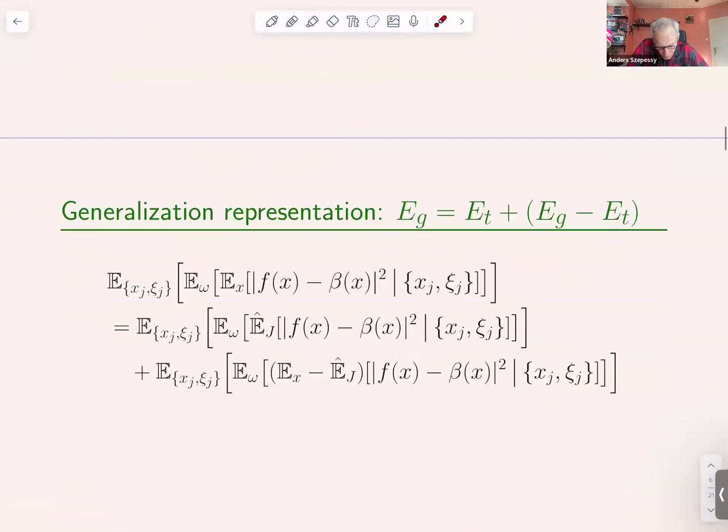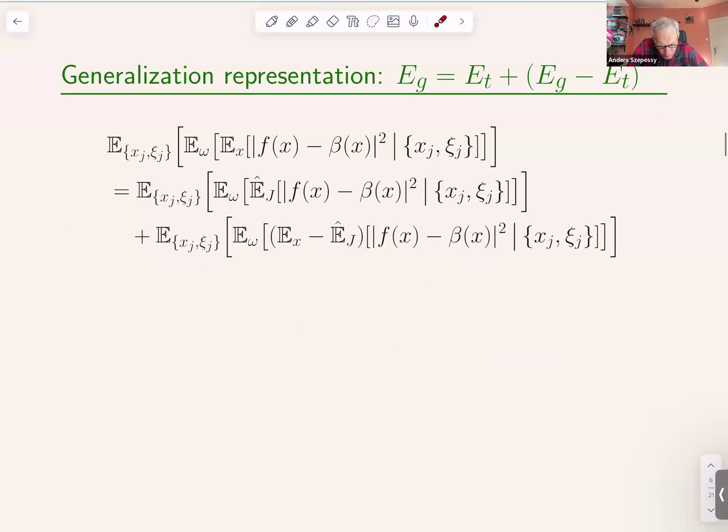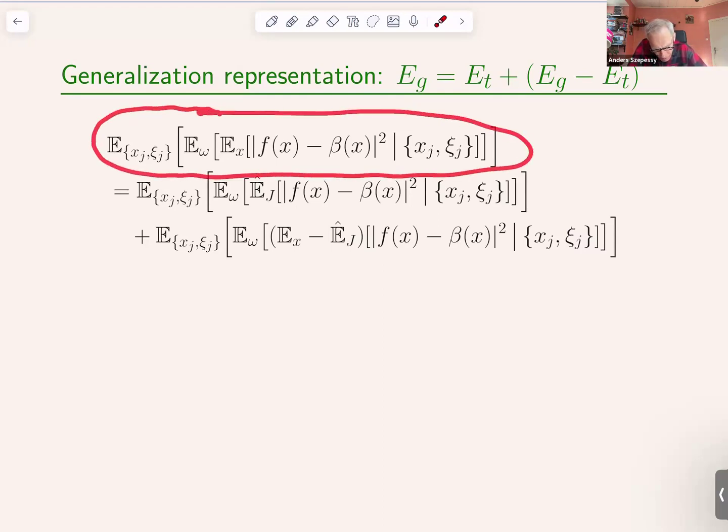Okay, so here comes the generalization representation. The left-hand side is the generalization error that we want to estimate. So we have the difference of the intended function and our neural network.